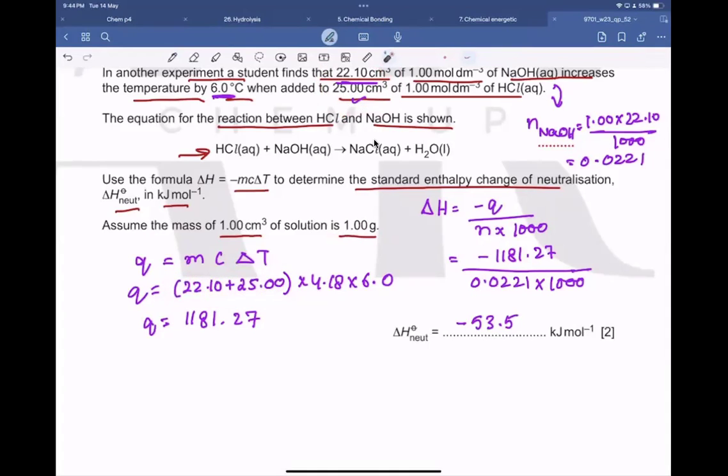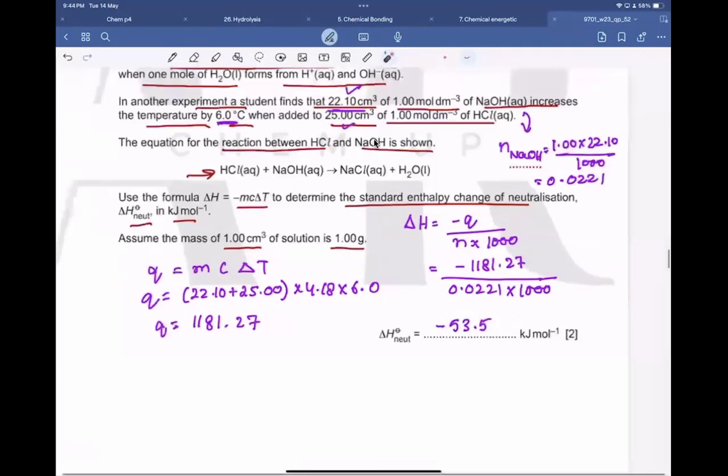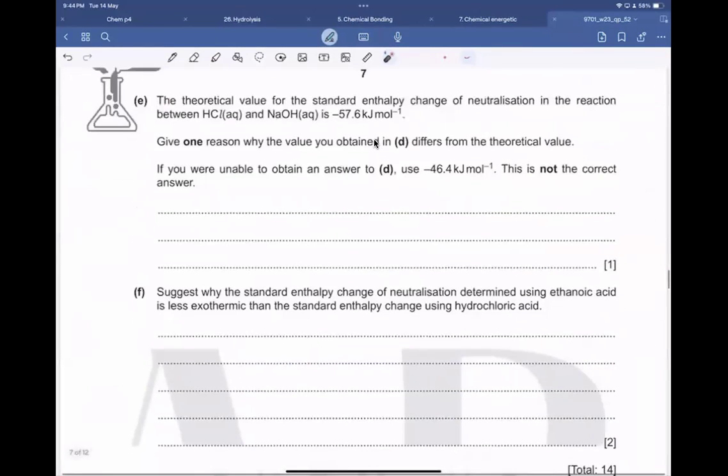No, there is no need to convert it into kg. This one you have studied in your AS level. Check the notes from AS, you will find them.